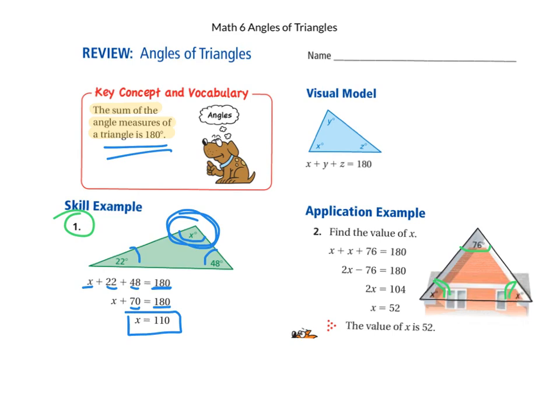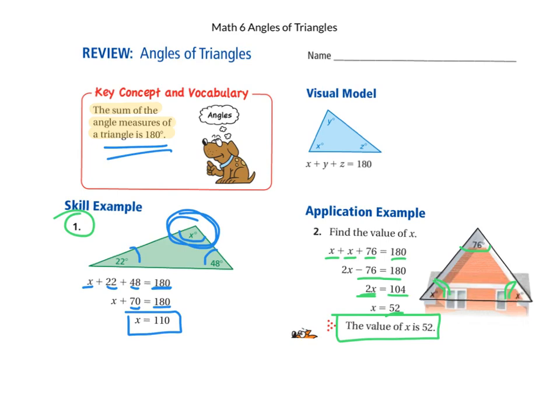So you would put it like this: x plus x plus 76 equals 180. Okay? So then I'm going to subtract the 76 from the 180 to get 2x on this side, because if you have an x plus an x, then you have two x's. And then the last thing I'm going to do is divide that 104 by the 2 to get 52, because there's two angles and they equal each other.